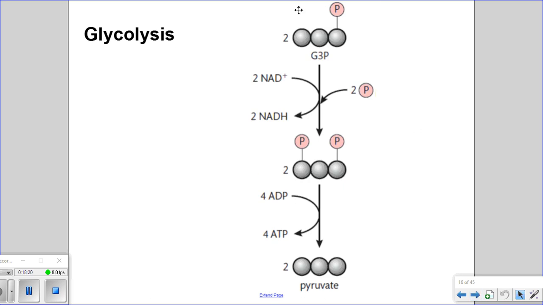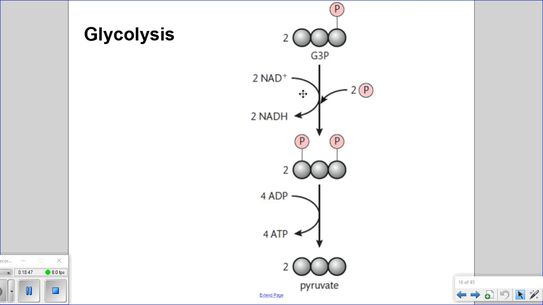So the diagram here for this particular step of generating pyruvate, and pyruvate is the molecule that we need to initiate the next step, is we have our glyceraldehyde 3-phosphate. We have 2 of them. And here we have our NADH coming along, taking off an electron and a hydrogen. And it does this. We have 2 NAD molecules that do this because we have 2 glyceraldehyde 3-phosphates.